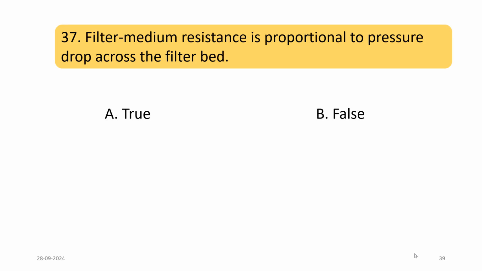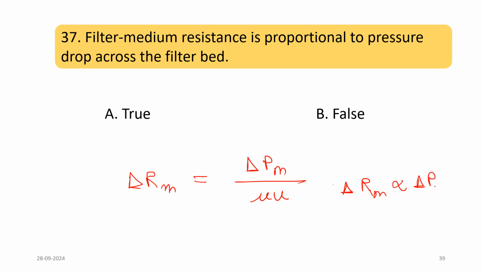Next, how to calculate the filter cake and filter medium resistance. It will come from this only. Previously we have seen the delta Pc, right? So specific cake resistance is alpha equals delta Pc A by mu U mc.